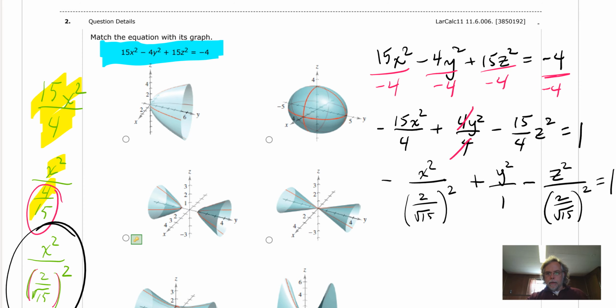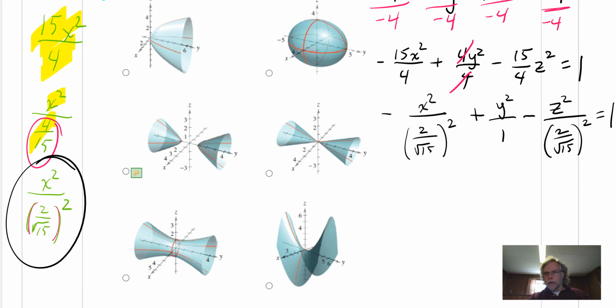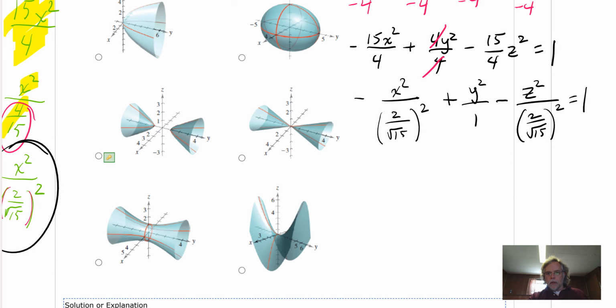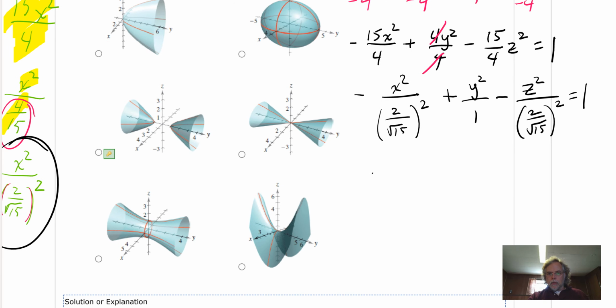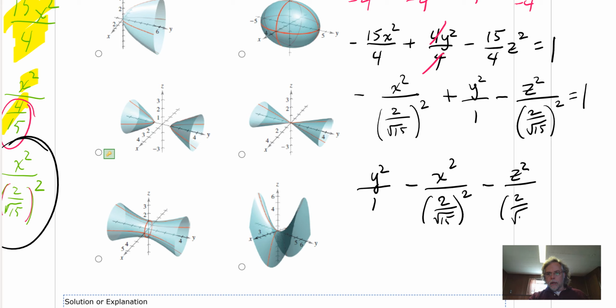Okay, now it's really, really close to how things are in the table. But in the table, the positive term comes first. So I'll write y squared minus x squared over 2 over radical 15 squared minus z squared over 2 over radical 15 squared equals 1.